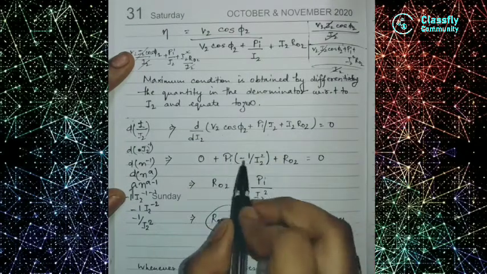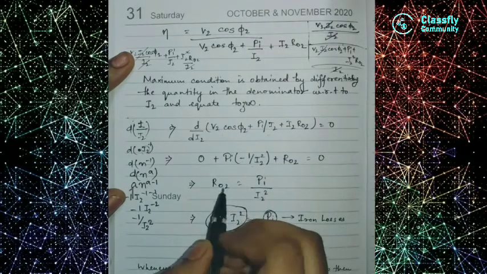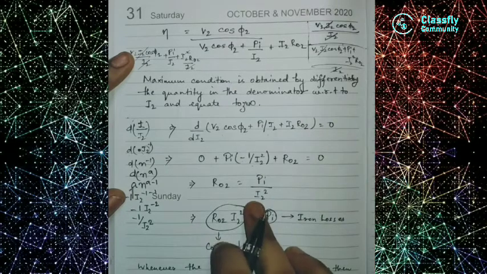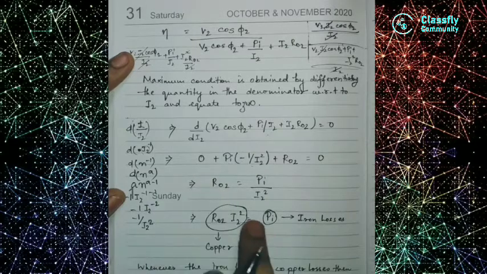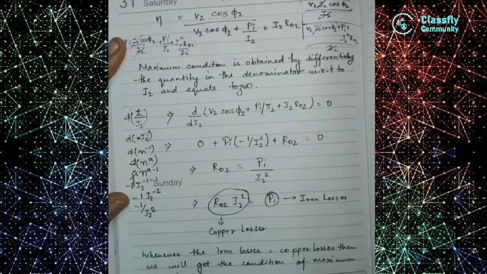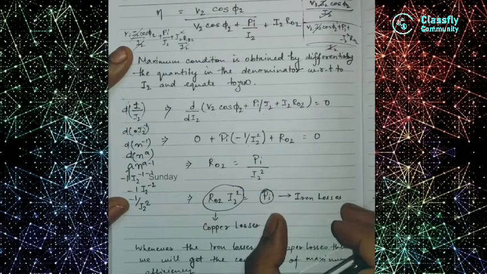If we take the minus terms to the opposite side, we get R02 equal to Pi by I2 square. When we take I2 square to the other side, we get R02 I2 square equal to Pi, and we know that R02 I2 square is the copper loss of the transformer, and Pi is the iron loss.